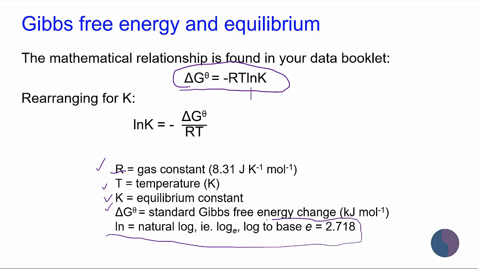E and Ln are natural logs, log to base E, not log to base 10. So you just need to know what they stand for, and I would just deal with questions as they come. See what variables you have, see what equations you can substitute them into, and see if that gives you what the question is asking.